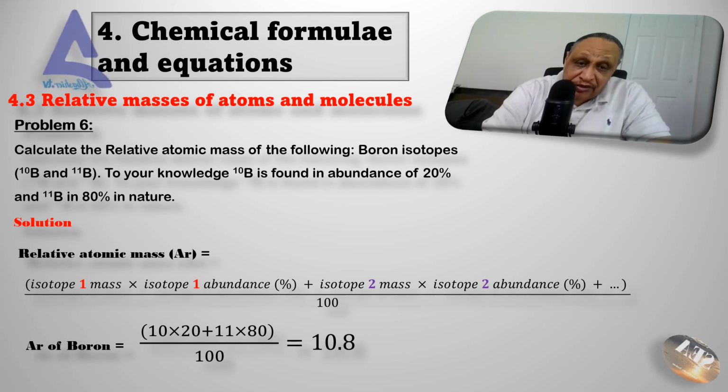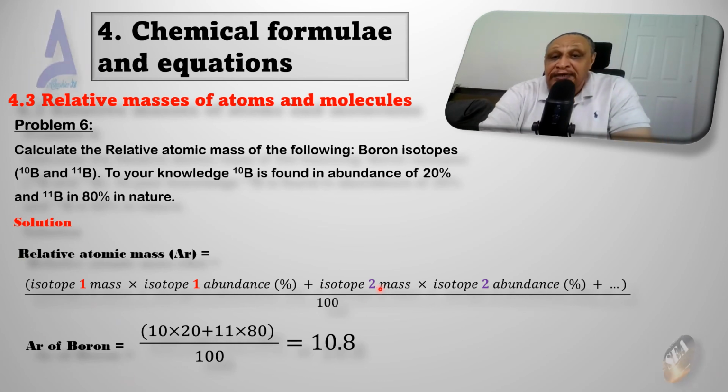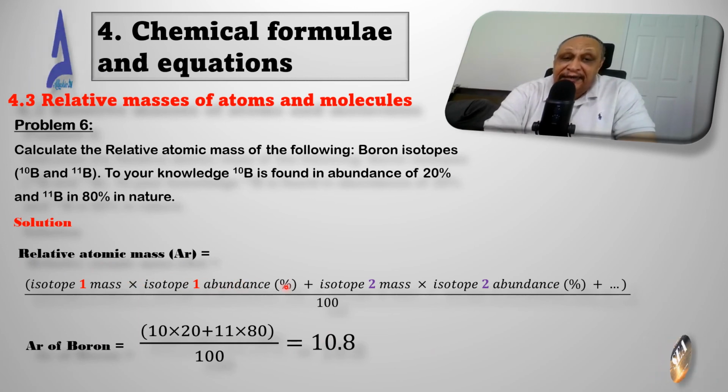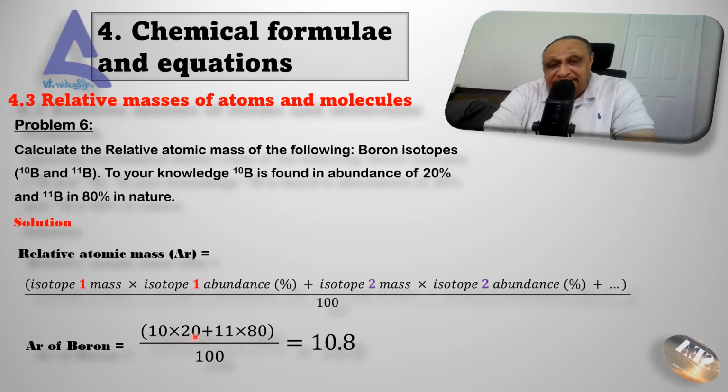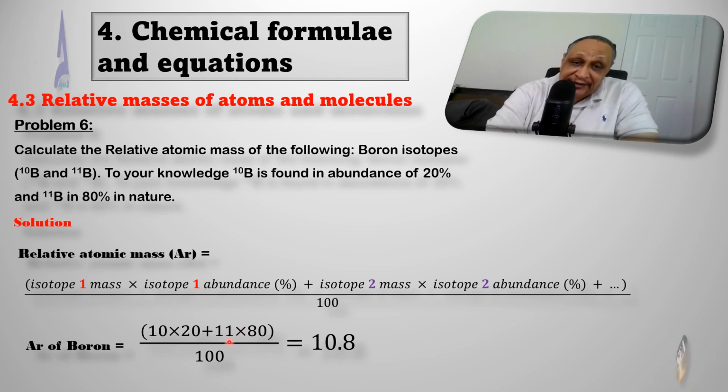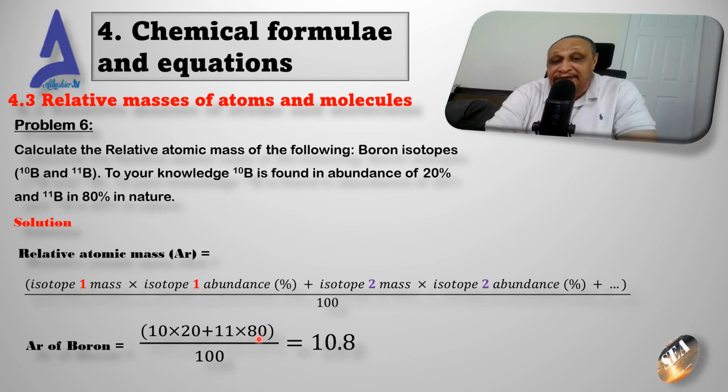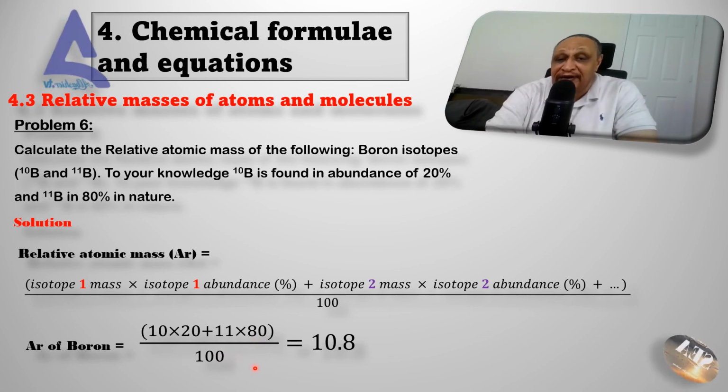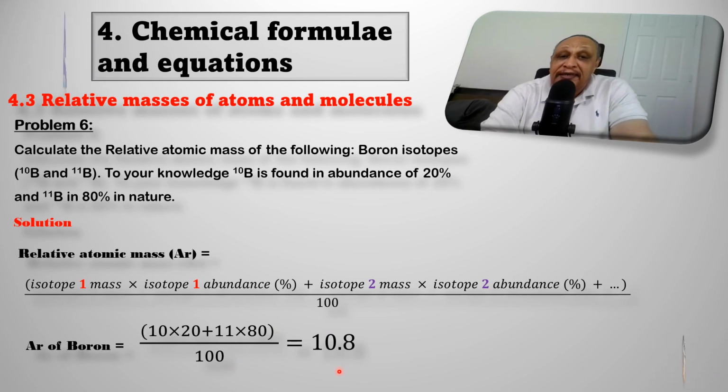First, as I told you before, you have to write the suitable, correct equation, and when you do that, you just substitute very directly. The mass of the first isotope is 10 multiplied by its abundance, which is 20. The mass of the second is 11 multiplied by its abundance, and all of them over 100, and this comes to 10.8.